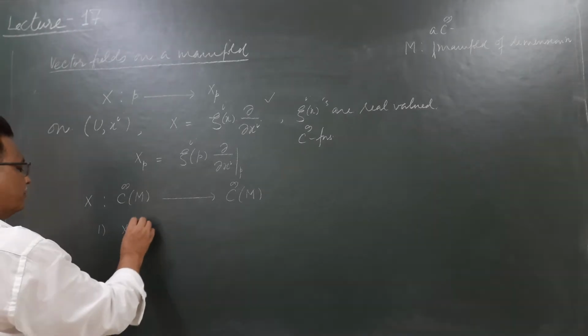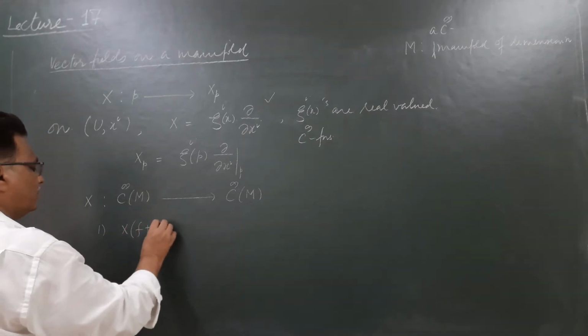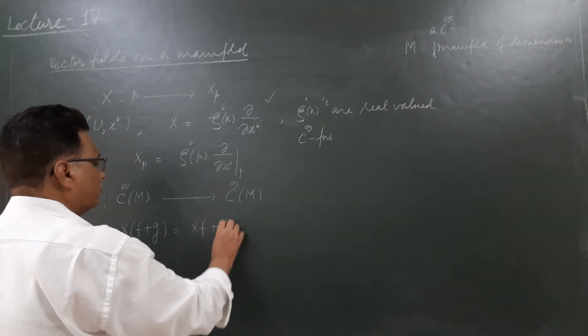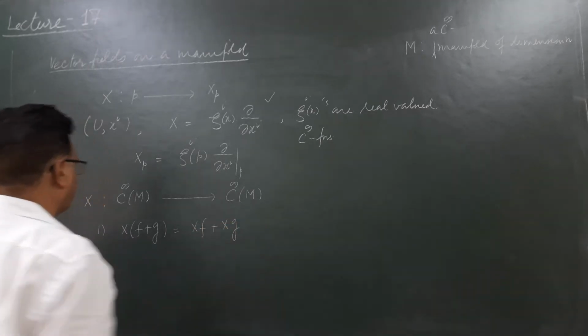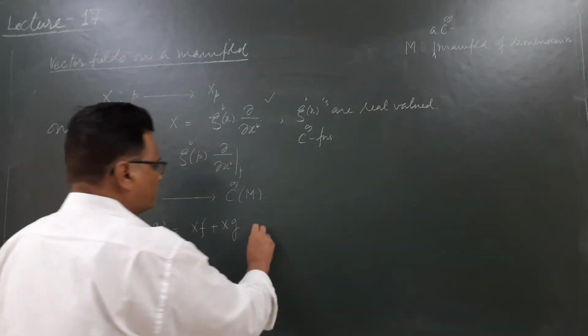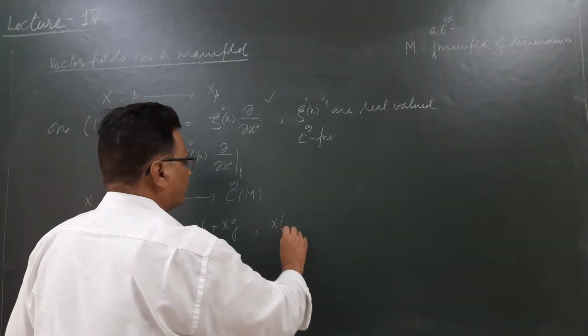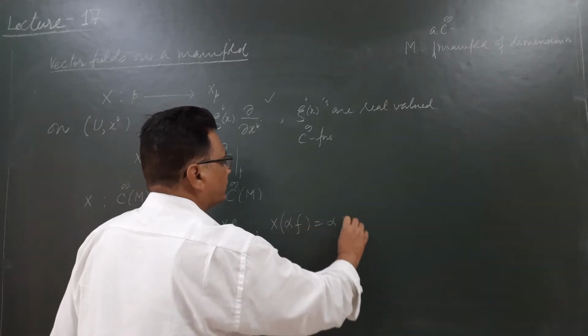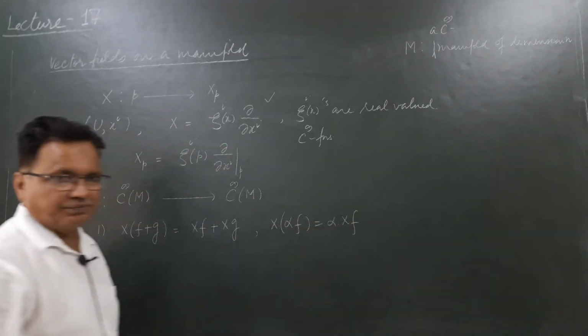So, X of f plus g will be equal to Xf plus Xg, and X of alpha f is equal to alpha times Xf.